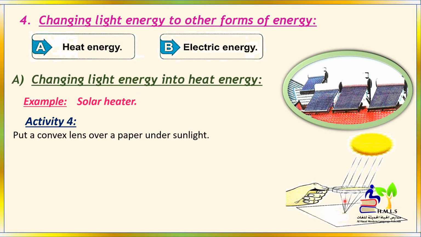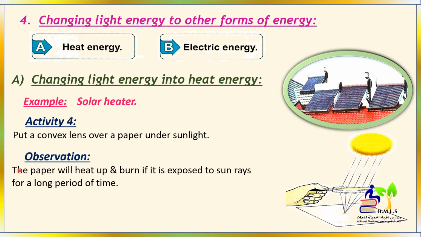Try to think what happens if all of this heat will be collected in one point. What happens to this part of the paper? Observation, the paper will heat up. The paper will heat up and burn if it is exposed to sun rays for a long period of time.